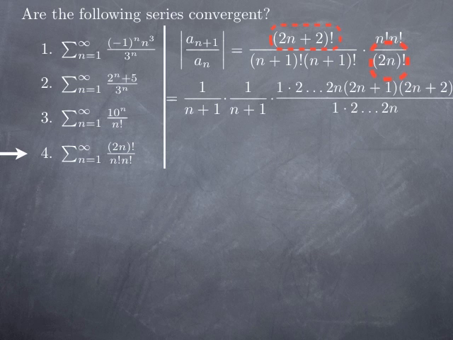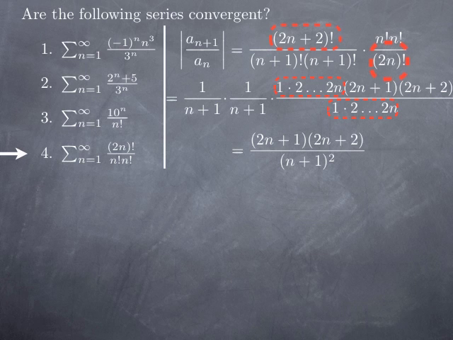So at the top you go all the way to 2n and then multiply by the next integer, which is 2n plus 1, and then the next integer, which is 2n plus 2, which is the last one. At the bottom we stop at 2n. So everything cancels out except (2n plus 1)(2n plus 2) at the top. So we end up with (2n plus 1)(2n plus 2) divided by (n plus 1) squared.